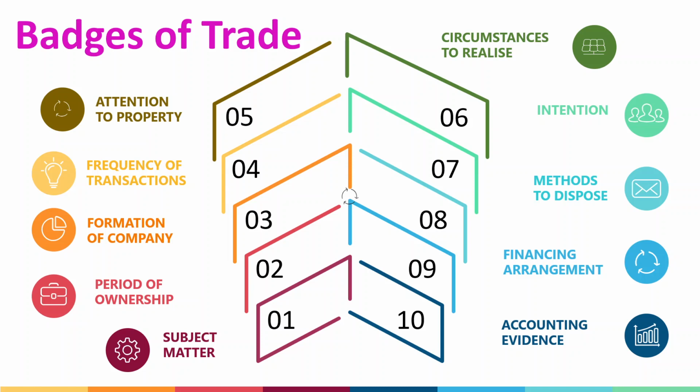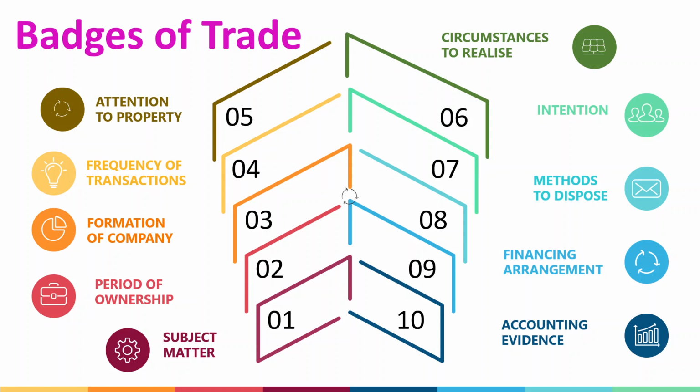The next one, number 6, is the circumstances to realize. That means what is the underlying reason for you to dispose of your item or your product or whatever your assets. It is mentioned here, if let's say you dispose because you are in emergency need of money, therefore in that matter it will not be treated as a capital gain.